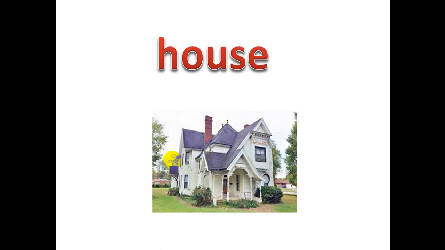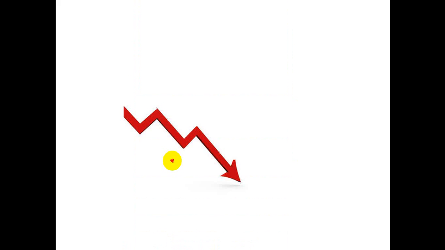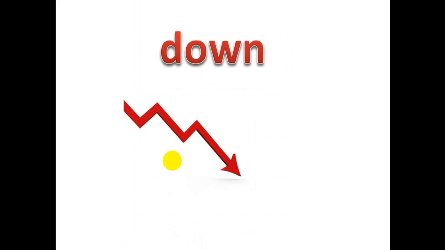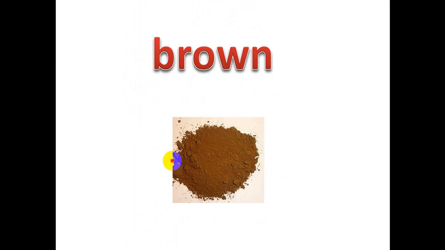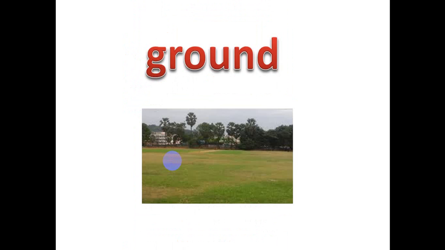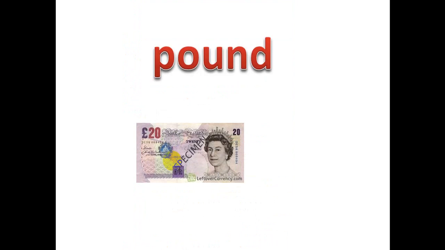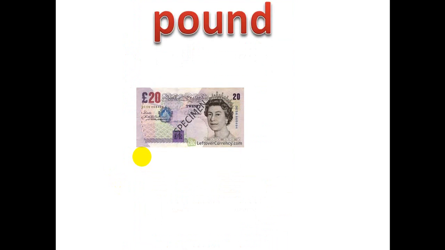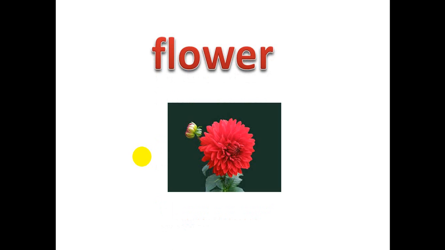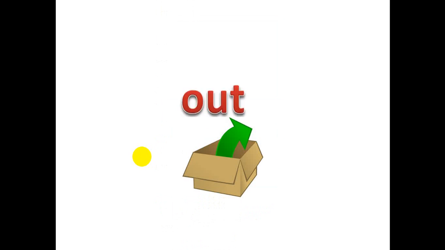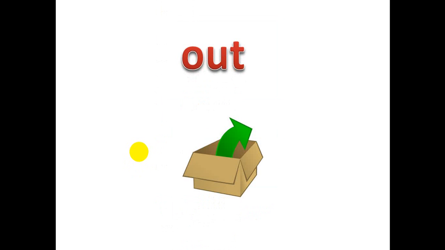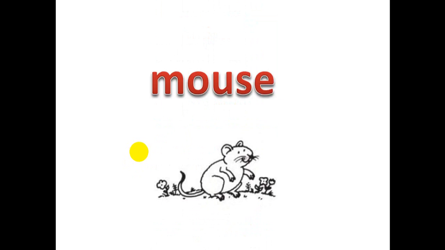This is a house, beautiful house if you want, and this is a beautiful town, and the arrow here is going down, and this powder is brown, and this place is ground, and this is Queen Elizabeth in the picture of the pound, English pound, the currency of England, and this is a flower. And this is something coming out of the box, out, and the opposite of out is in, and this is now, and this is a mouse.